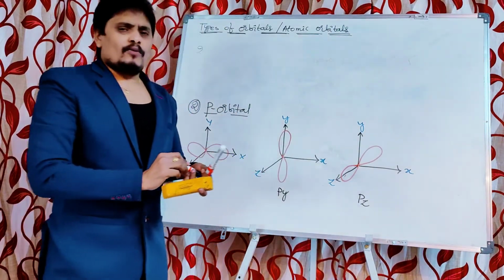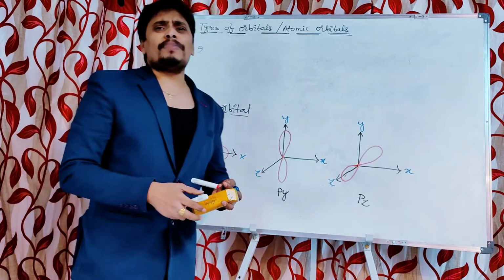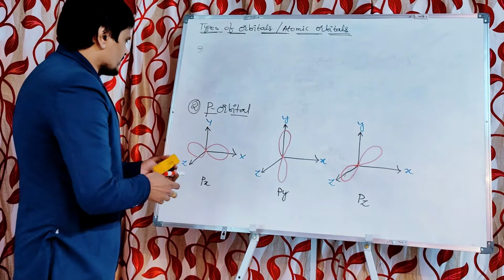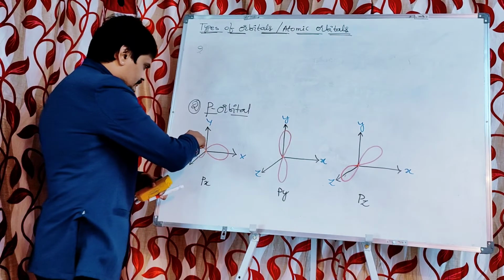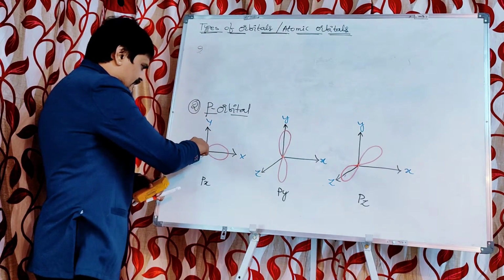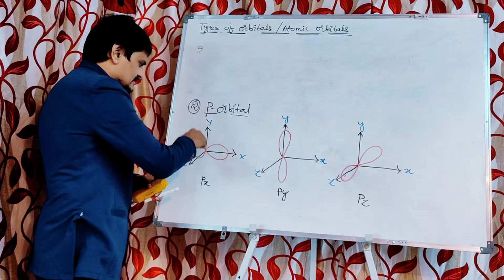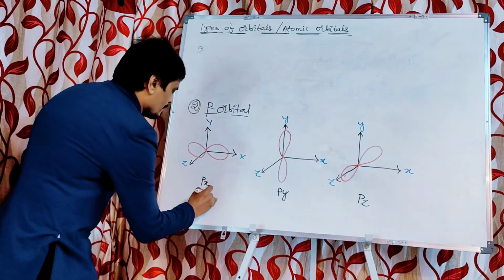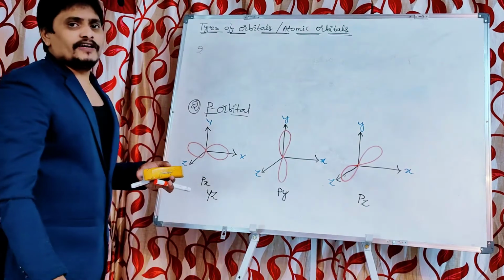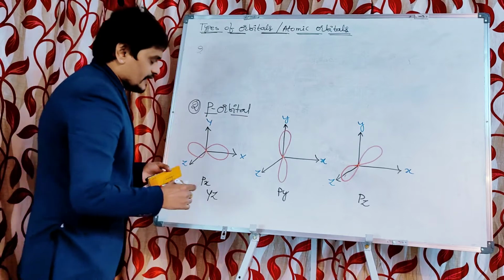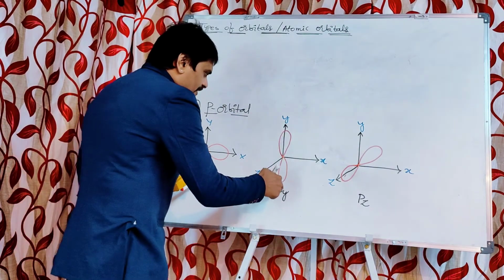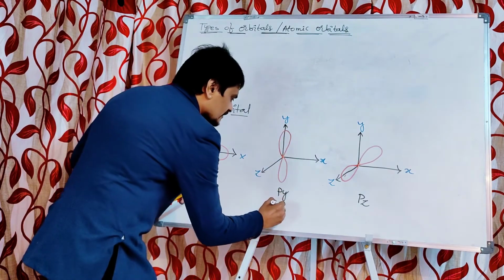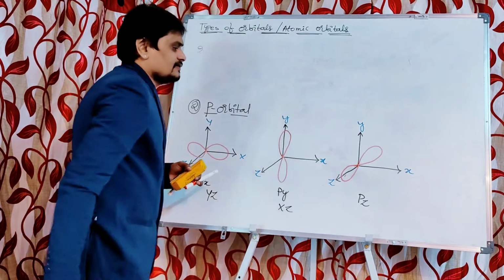Right? Now, what is the nodal plane in this? If we are finding the electrons on the x-axis, then we cannot find the electrons along the y and z axes. In the case of py, we can find the electrons along the y-axis, and we cannot find the electrons in the x and z axes.